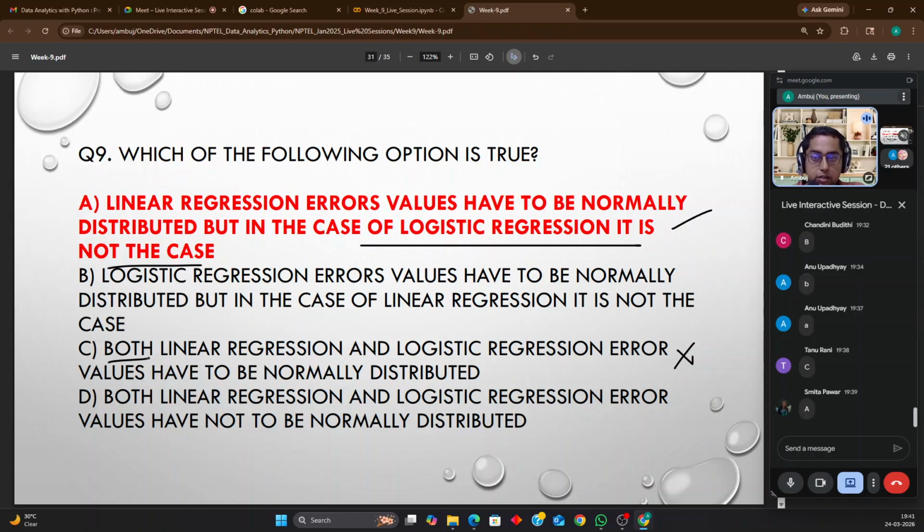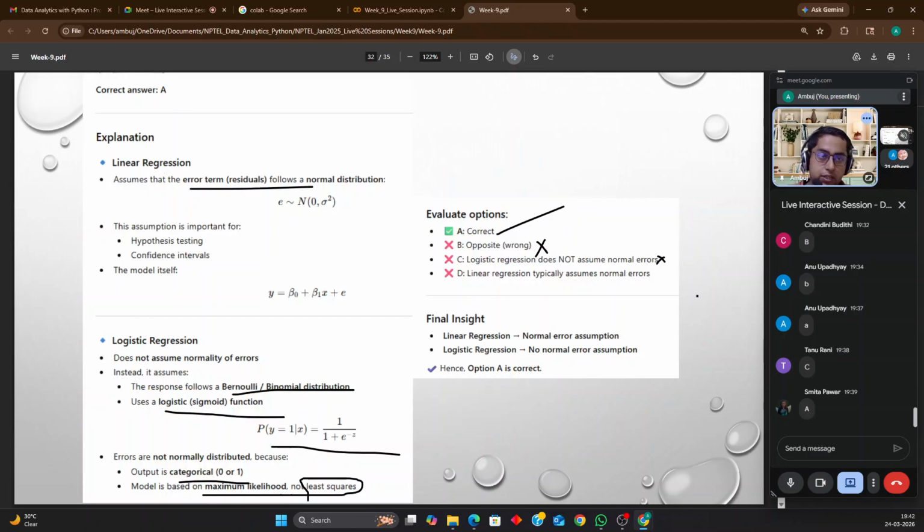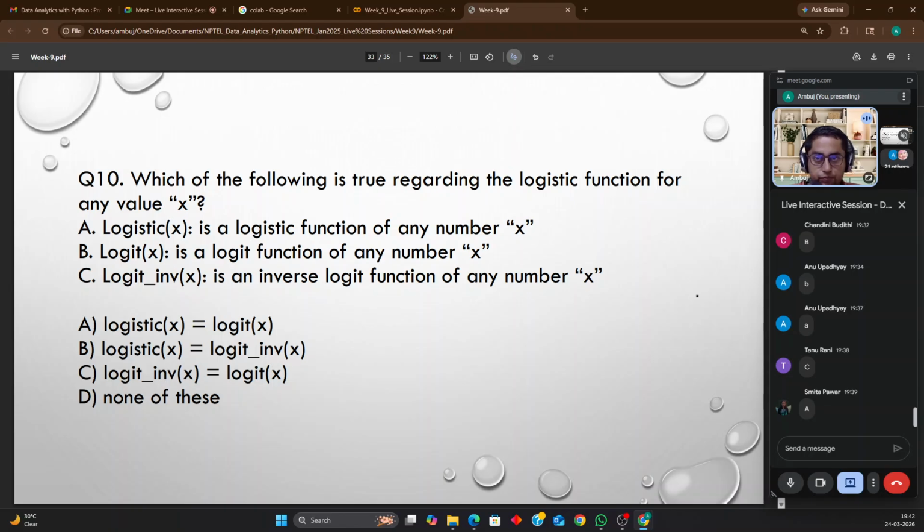Option B said both linear regression and logistic regression error values do not have to be normally distributed. No, this is also not correct. Logistic regression error values have to be normally distributed? No, this is also not the case. So only option A is correct.